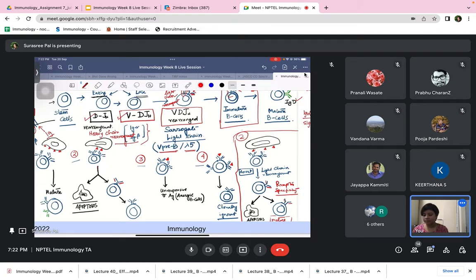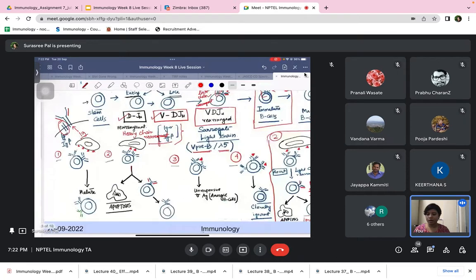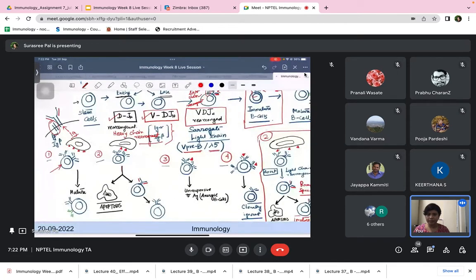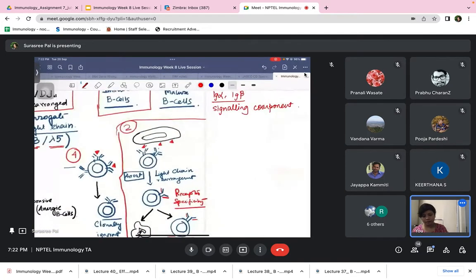One is, for example, number 1, what is happening here is that the immature B cell is not able to recognize any self antigen. I'm writing it here: immature B cell does not react to self antigen.